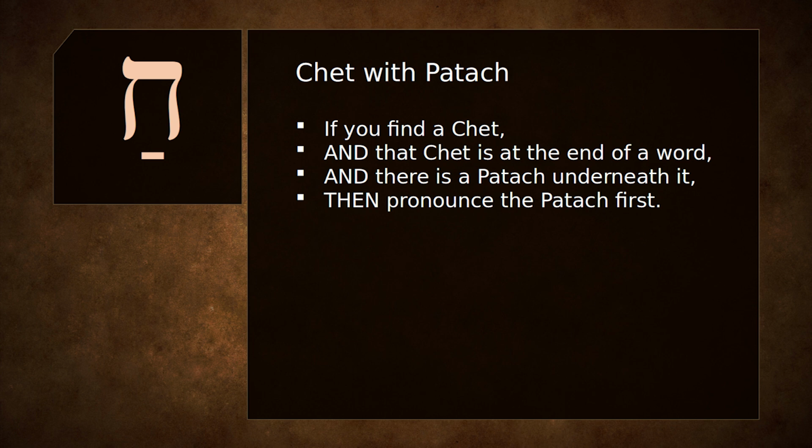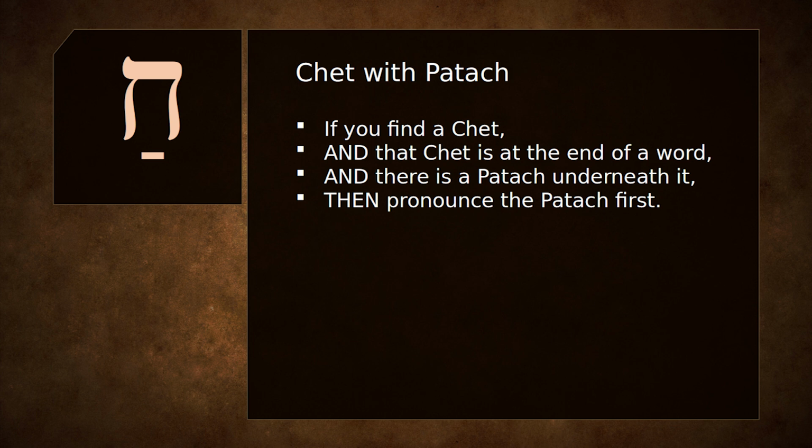This is that specific circumstance. If there is a letter chet, and it is the last letter in a word, only when it is the last letter, and there is a patach underneath the chet, and it has to be a patach, no other vowel. If all three of those conditions are met, then you will pronounce the patach before the chet.